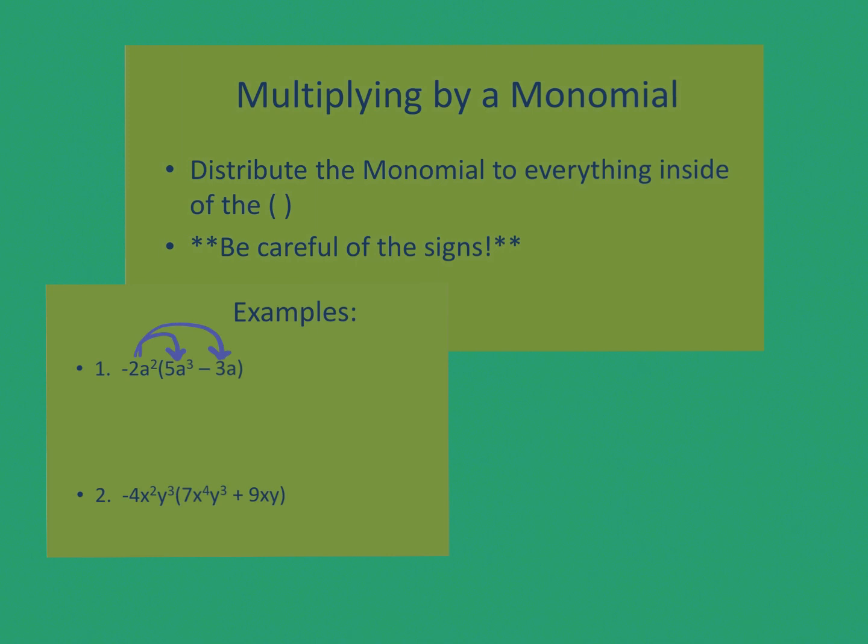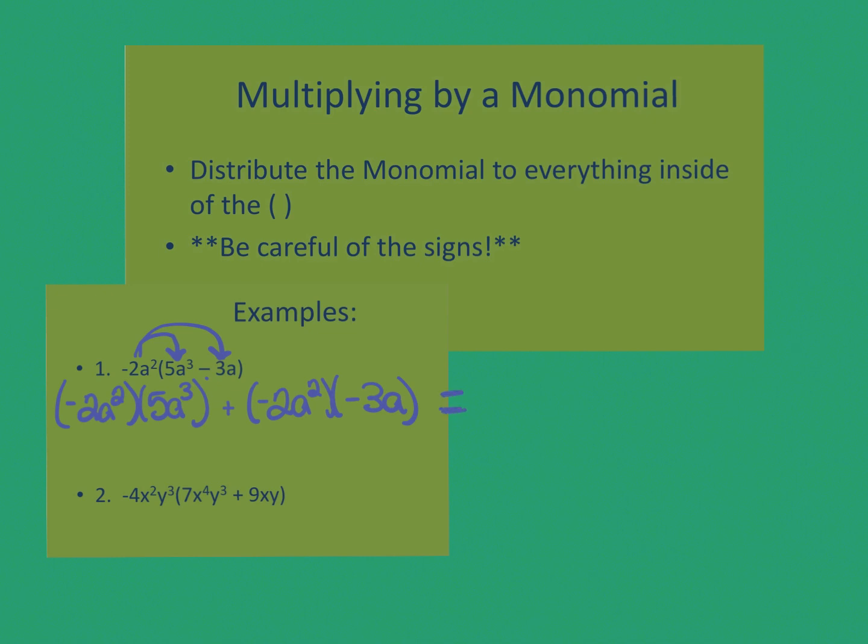I'm just going to show you the expanded version: negative 2a squared times 5a to the third. And because that's a minus, you can think of it as a plus, negative 2a squared times a negative 3a. That's your expansion.